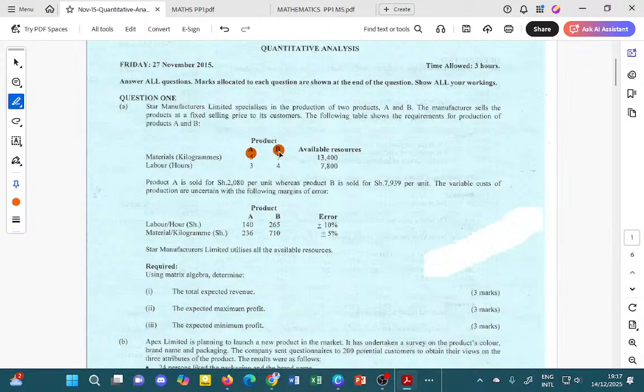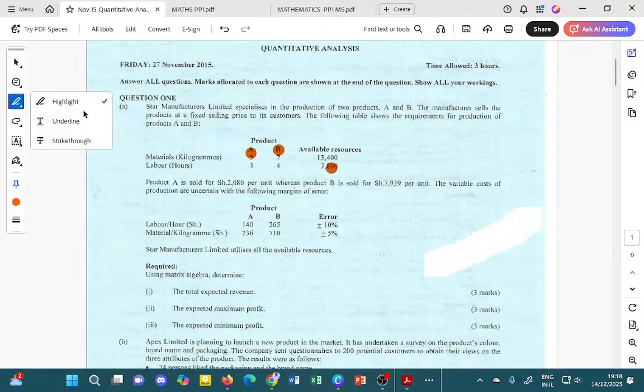That of product B will consume is 7 kilograms and 4 man hours. So available resources, that is available materials in kilograms, 13,400, and labor available man hours in that particular shift is 7,800.